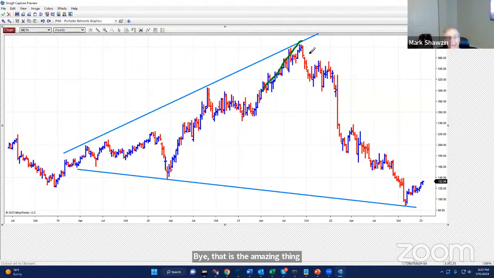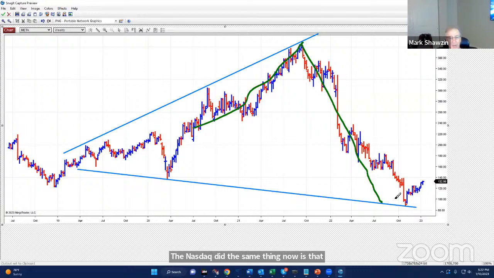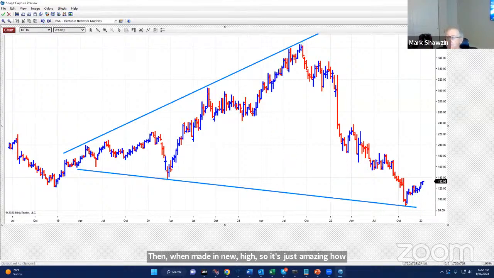Price has a way of retreating to certain points, whether it's a pandemic or some outlier. The NASDAQ did the same thing. Pandemic hit, it came to the bottom of an ascending triangle, then made a new high. It's just amazing how they retreat to these exact spots. So if you understand how charts work, you can really put them in your favor.